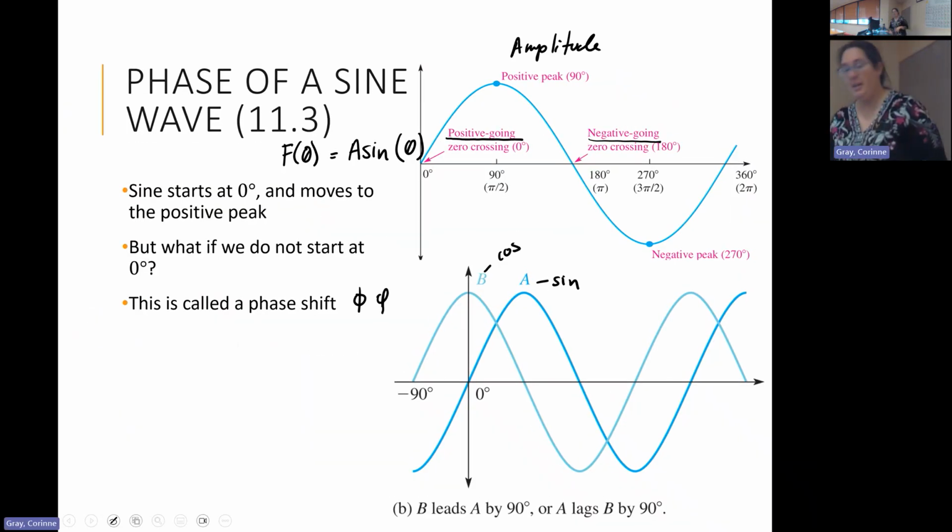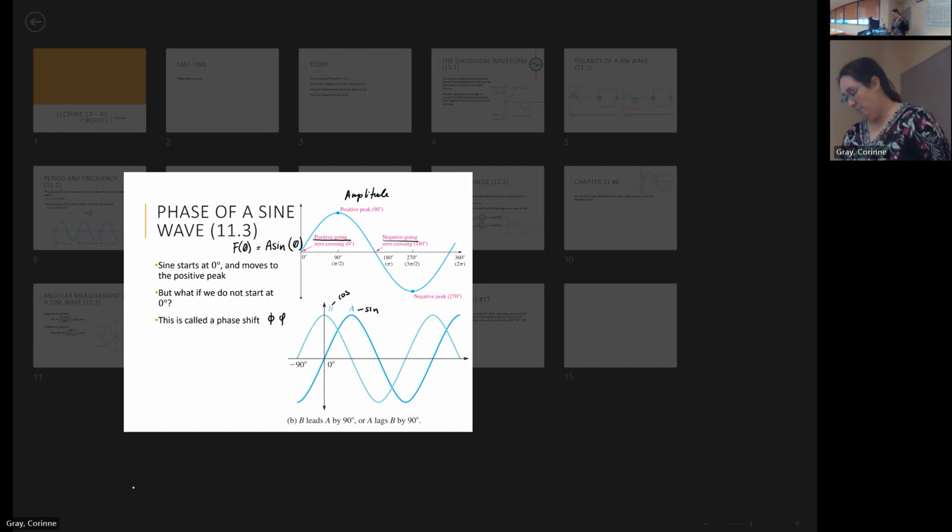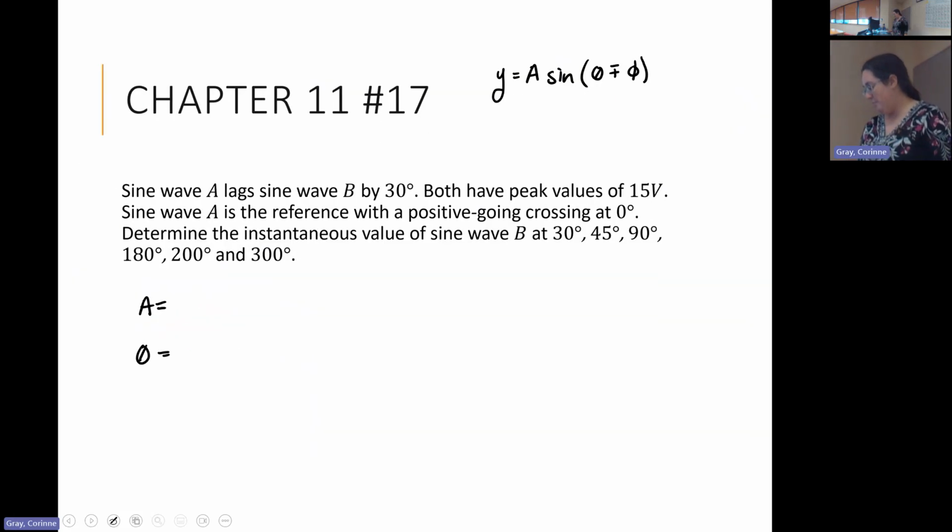So if we look at this one here, the positive amplitude is the positive peak value. In general, you'll see A used, but this class is going to refer to it as peak.